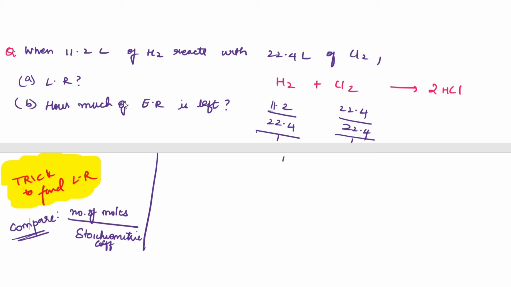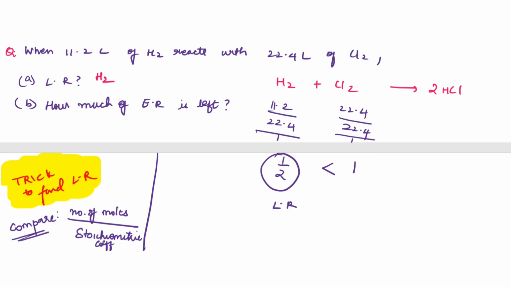Similarly for chlorine, again 22.4 liters by 22.4 liters by the stoichiometric coefficient, which is 1, which gives us 1. So clearly this 1 by 2 is less than 1. So H2 becomes the limiting reagent.